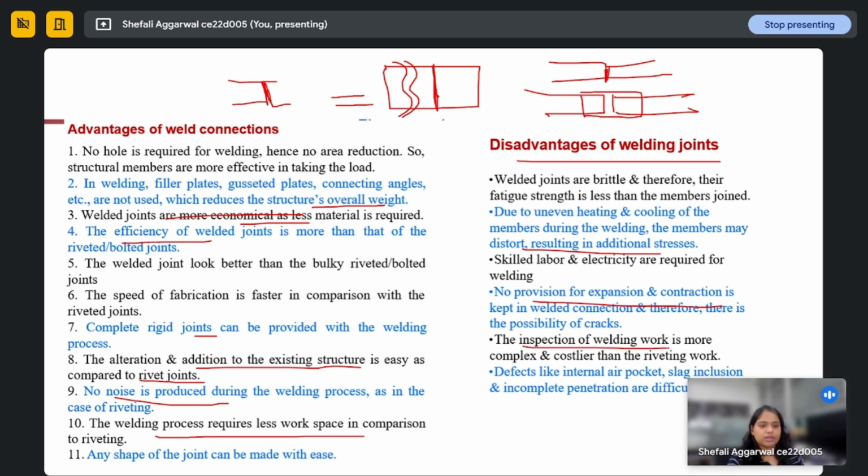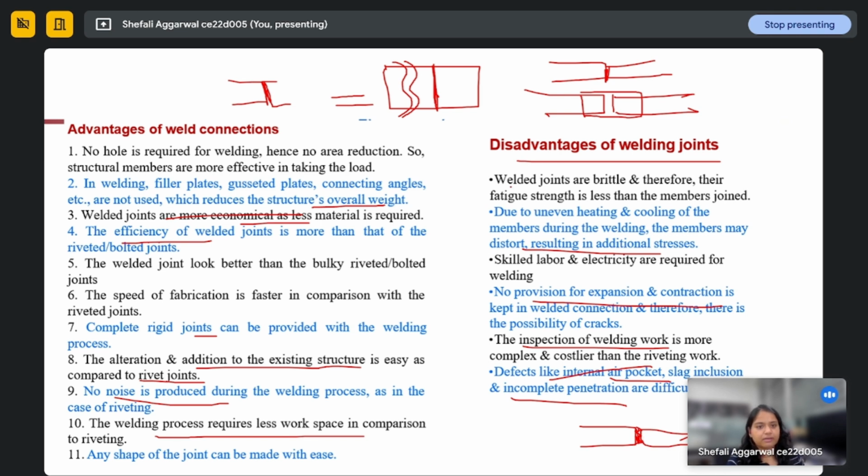Inspection of a welded joint is more complex and costly, and small defects at micro level like an internal air pocket or incomplete penetration are difficult to detect. Also, if we go for the corrosion aspect, imagine this is full with a welded joint and there is an air pocket here.